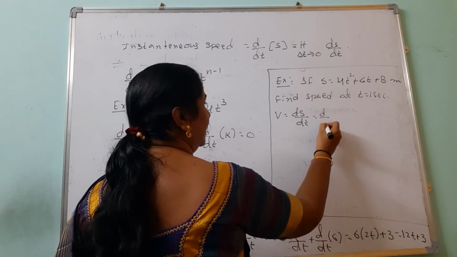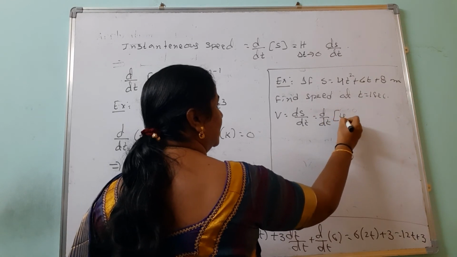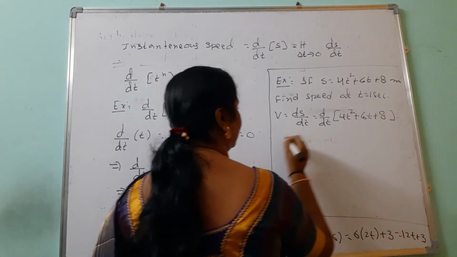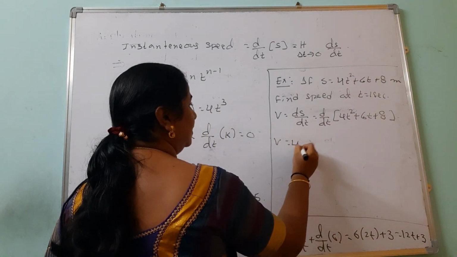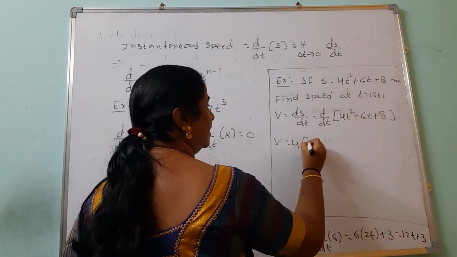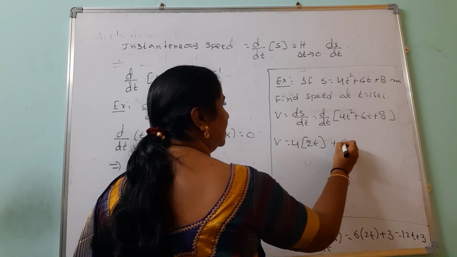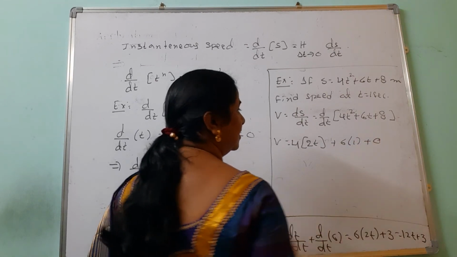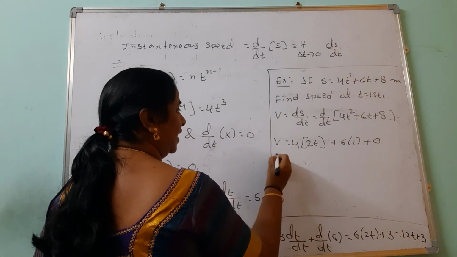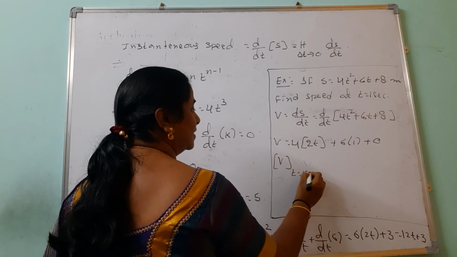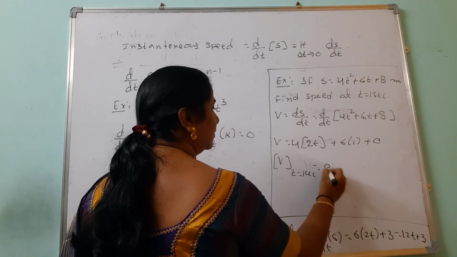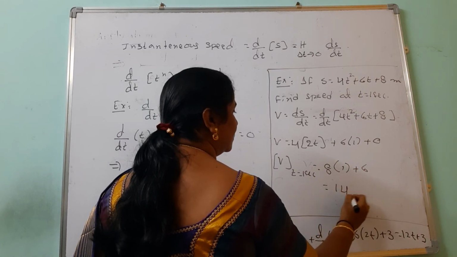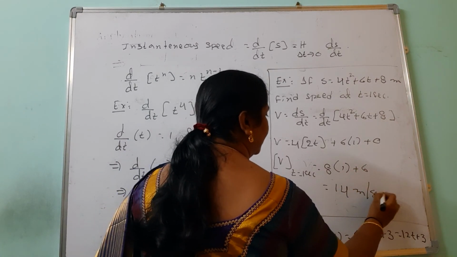So d by dt of 4t square plus 6t plus 8. After simplification, 4 into the differentiation of t square, which is 2t, plus 6 into the differentiation of t, which is 1. The differentiation of a constant equals 0. But we should find the speed at t equals 1 second, meaning 4 into 2, 8. Instead of t we write 1, plus 6. Your answer is 14 meters per second.